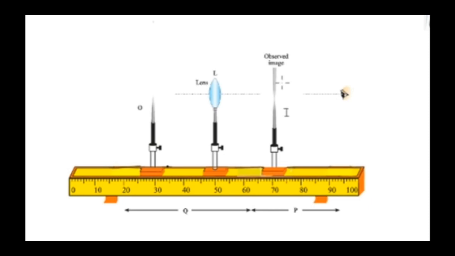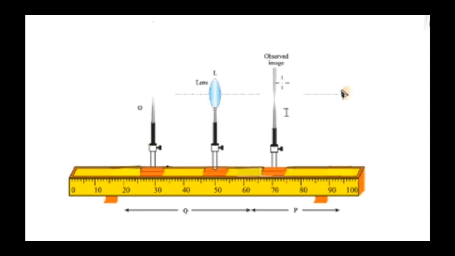As we know, when an object is placed at 2f, we will get its image at 2f. So this technique is used to perform this experiment, by placing the object needle at double the focal length.